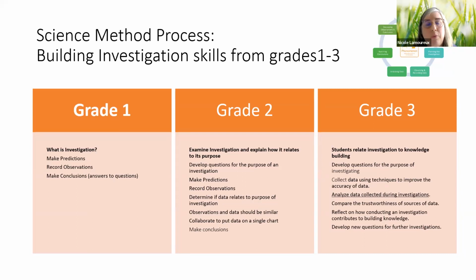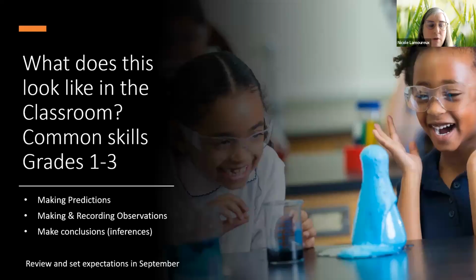And grade 3 looks at, yes, we know what an investigation is, but really the purpose behind it is to build an understanding of how the world works, and accuracy of data collection, as well as analyzing it so that it becomes something that we can learn from and use.